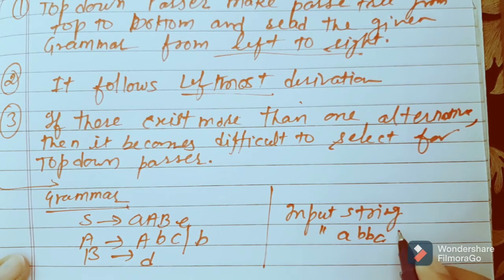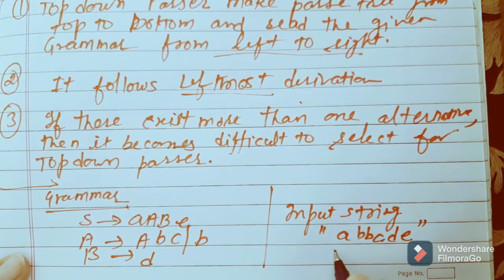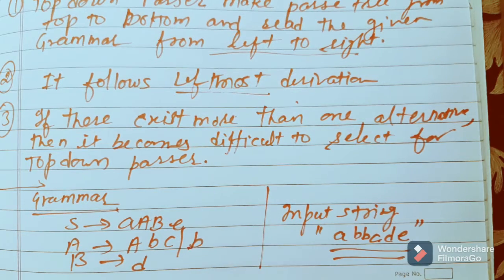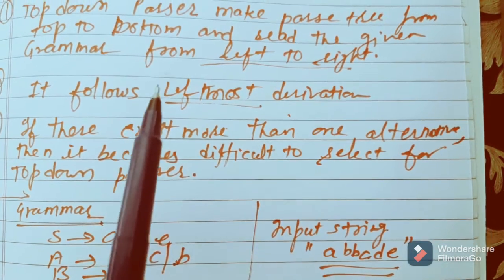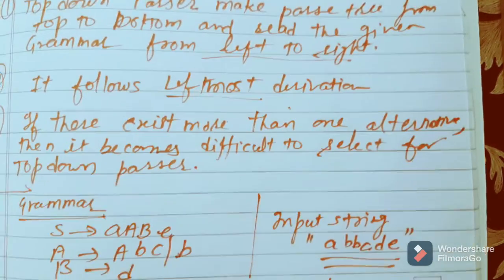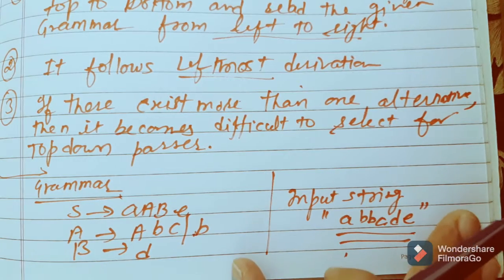If we think about the parse tree, then these will be the leaves. Clear? This is the grammar and this is the input string, and now I will use these steps to make a parse tree with the help of only the top-down parser. Now let us start.